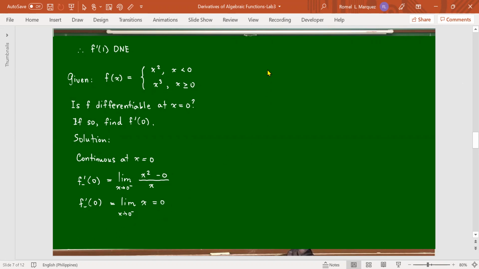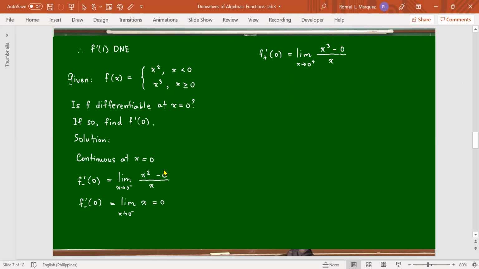What about the derivative from the right at x equals 0? That is equal to the limit as x approaches 0, from the right, no? What is our function? x cubed. Value of the function is still 0.